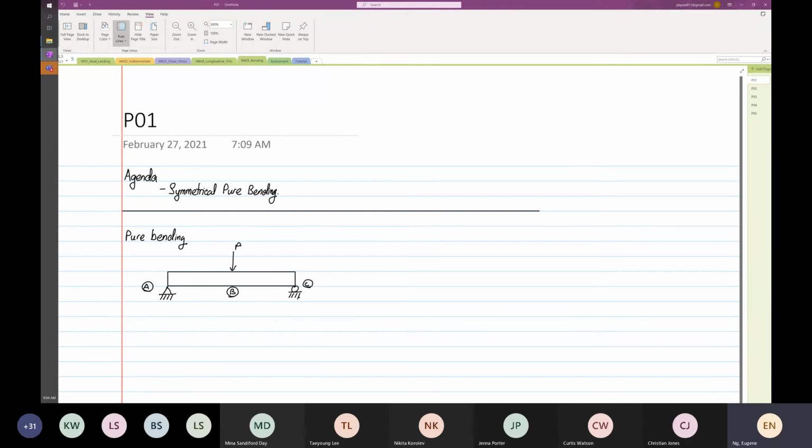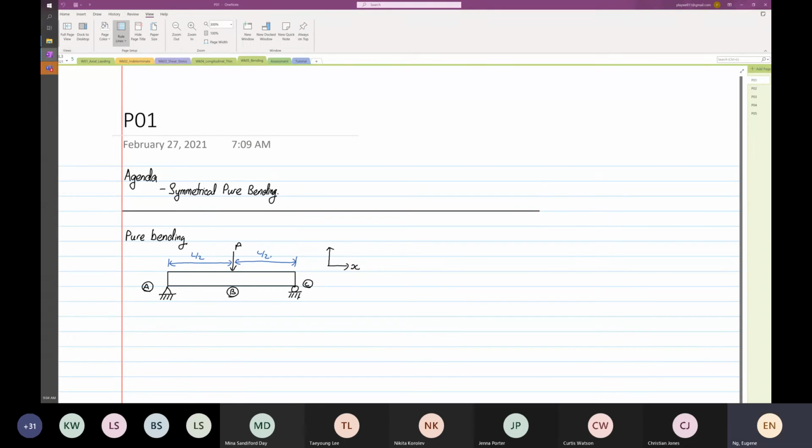So we have our respective distances. This is L over 2. Likewise, this is L over 2. If we look at this structure, based on displacement we will draw our transformation.